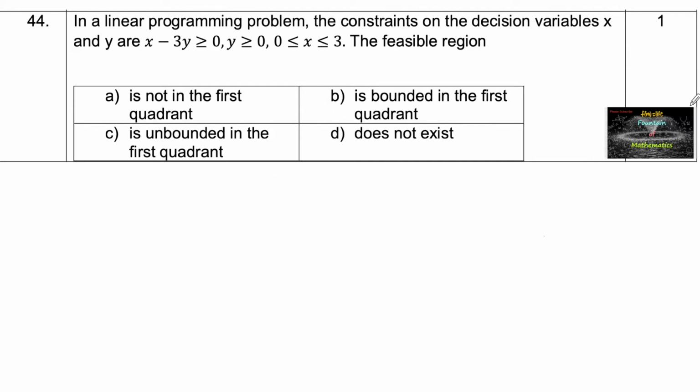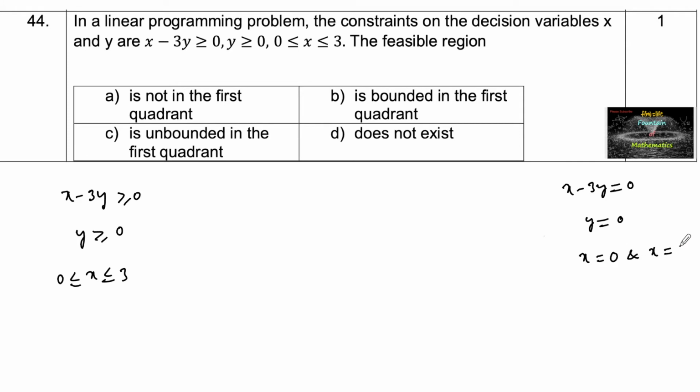So let us draw the diagram roughly, and consider the inequalities based on the given constraints. The equations based on these are x minus 3y is equal to 0 and y is equal to 0, and 0 less than or equals to x less than or equals to 3 means x is equal to 0 and x is equal to 3.